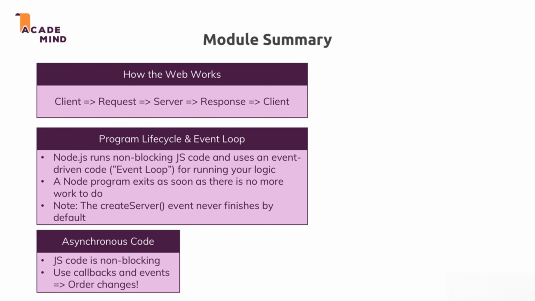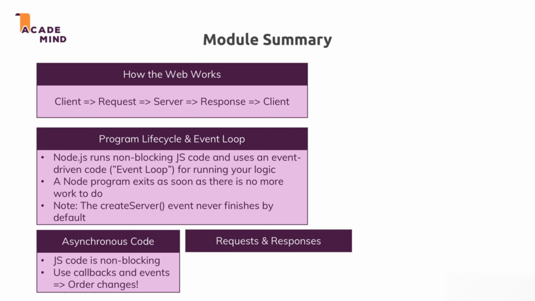The JavaScript code should be non-blocking, so we have this callback and event-driven approach where we are able to register some code to be executed in the future instead of running right away and blocking the main thread, because this has to be avoided under all circumstances, and Node.js is built around that concept of avoiding this issue.